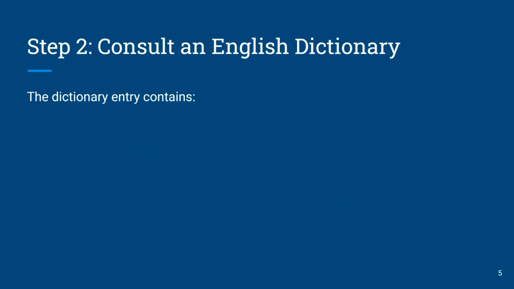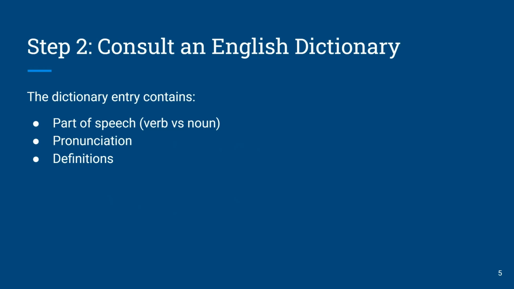If we look through that entry, we'll find certain features that the Merriam-Webster dictionary and other dictionaries by extension would contain. We find a part of speech, whether this word is a verb or a noun. In the case of worship, it can be either. We'll find a pronunciation often. We can find, of course, definitions. Those are very standard.